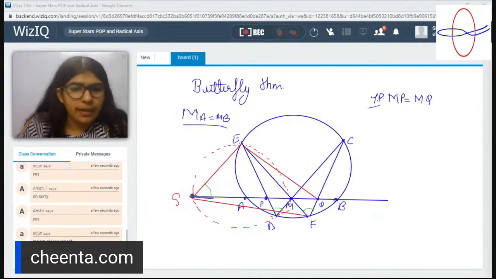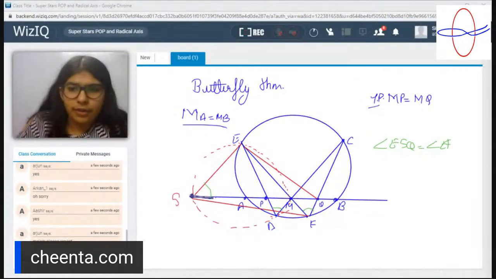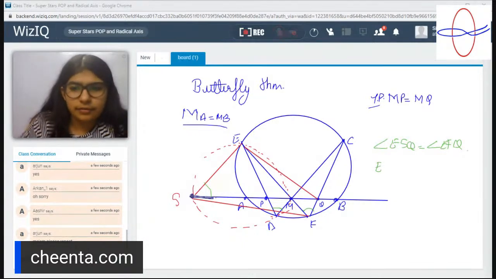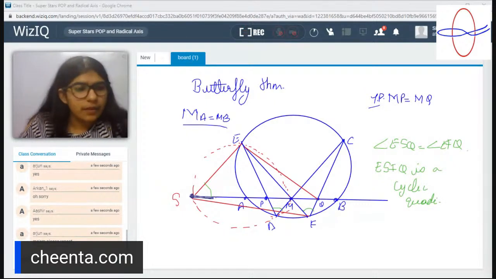And EFC is equal to EFQ. So you have that angle ESQ equals angle EFQ, right? And what does that imply? Quadrilateral ESFQ is concyclic, right?